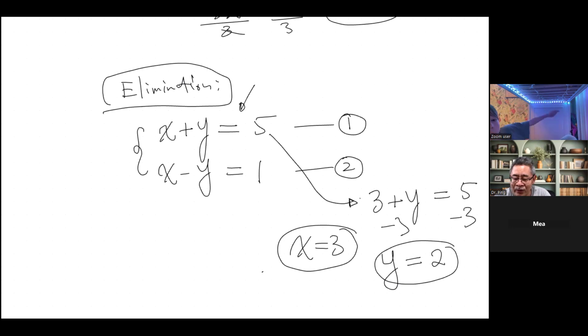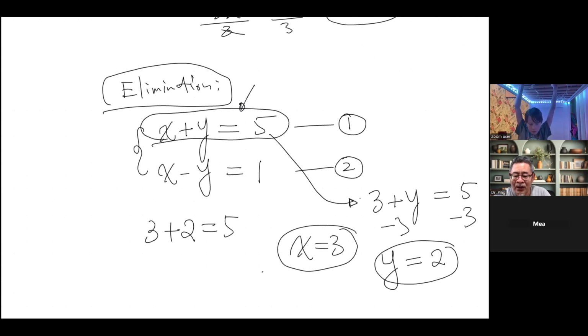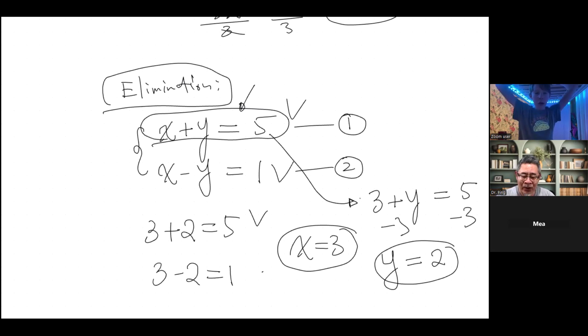We plug into the first one and see if it matches. x is 3, y is 2, 3 plus 2 is 5. So we're good on the first one. The second one, x is 3 minus y is 2, that equals 1. So that is also good. Therefore, we know our solution is good.